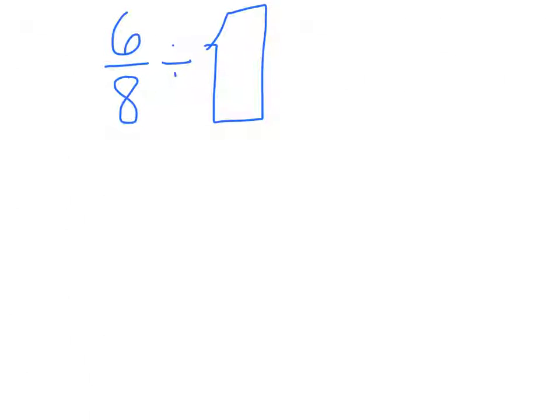So I would say, well, 2 does go into 6 evenly and 2 does go into 8 evenly. So if I say 2/2, 6 divided by 2 is 3. 8 divided by 2 is 4. So I need to find the number that will go into both elements evenly.